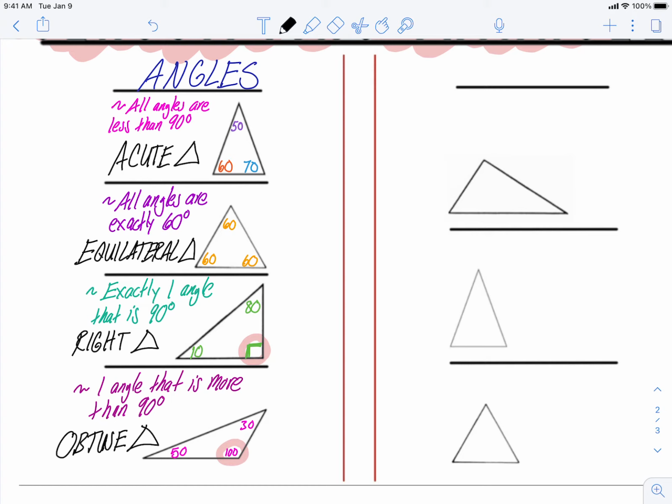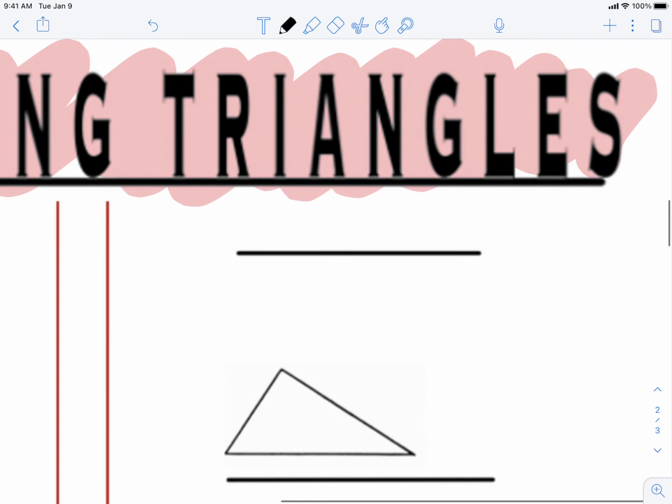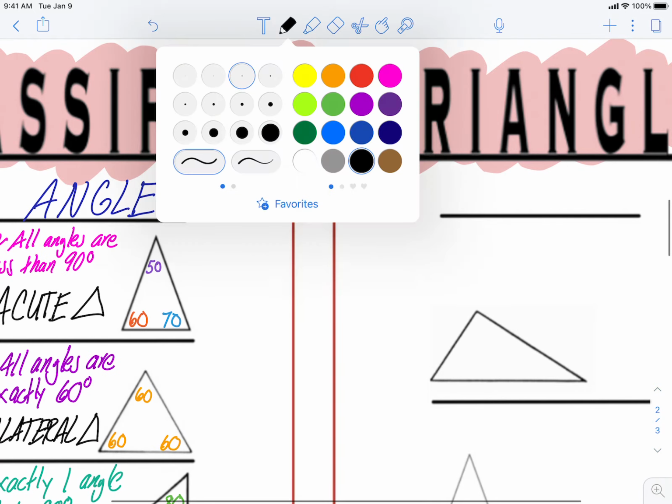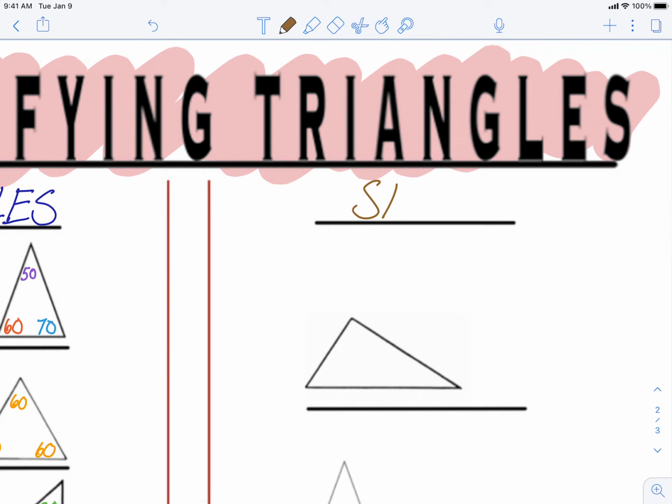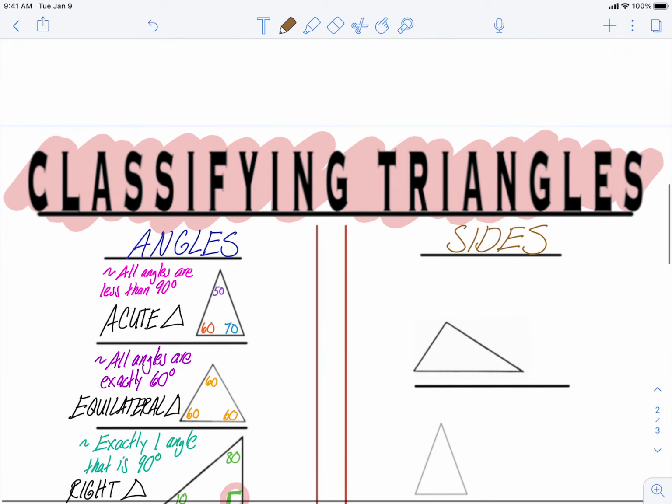Now, if you notice in a triangle, though, not only do we have three angles, but we have three sides. So another way to identify triangles is by their sides. Okay, so we identify them by their sides.